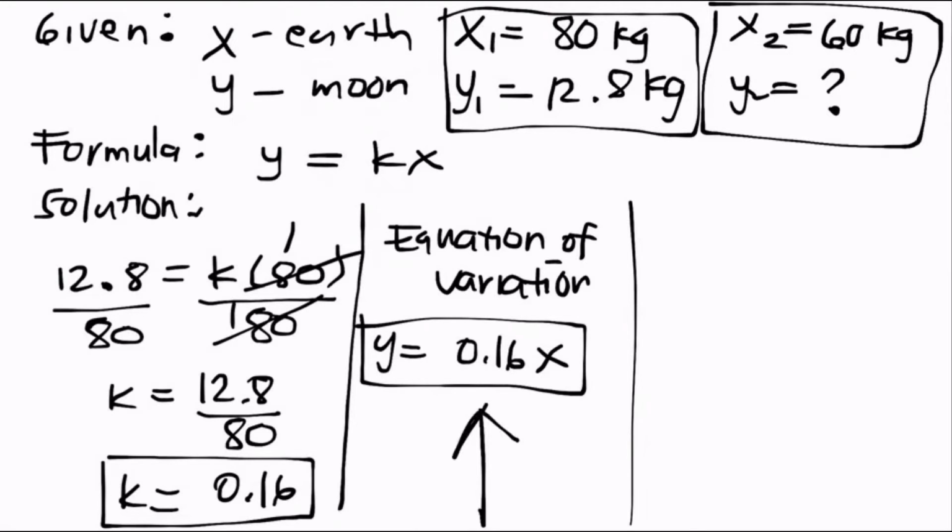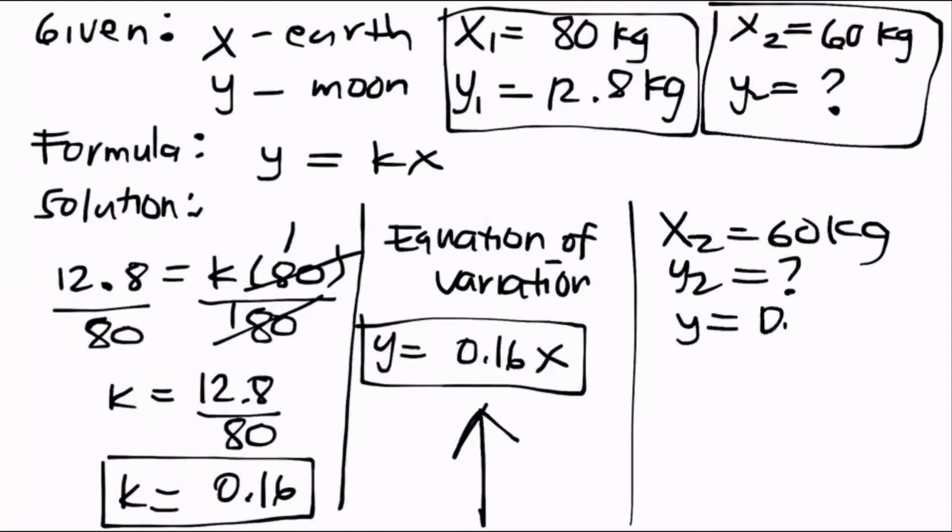We will just substitute the value of x sub 2 to our equation of variation, and kung ano man ang maging sagot, that will be our final answer. So let us proceed. We have x sub 2 is equivalent to 60 kilograms, y sub 2 is the unknown, and we have y is equivalent to 0.16x as our equation of variation.